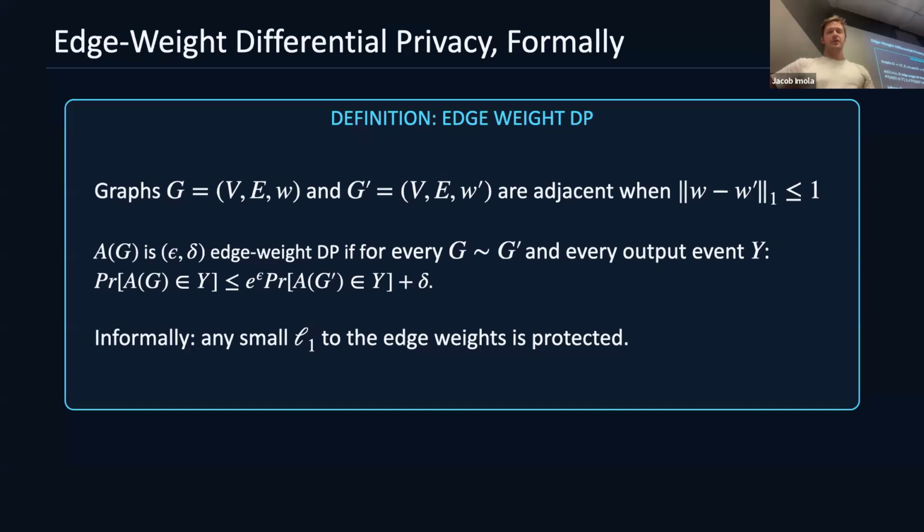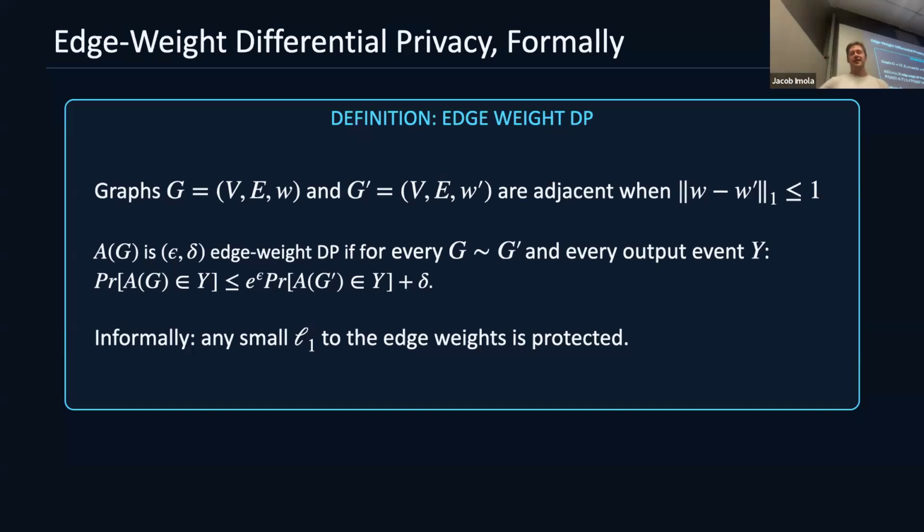Formally, for edge weight differential privacy, you have two graphs given by V, E, and W and then V, E, and W prime. They're adjacent when their weight vectors differ in L1 norm by at most 1, and we can replace the 1 with any small constant. It's just trying to capture what a user might do to the weights. We say that an algorithm is epsilon-delta edge weight differentially private if for every adjacent pair of graphs under that notion of adjacency, the probability distributions of A of G and A of G prime are almost the same.